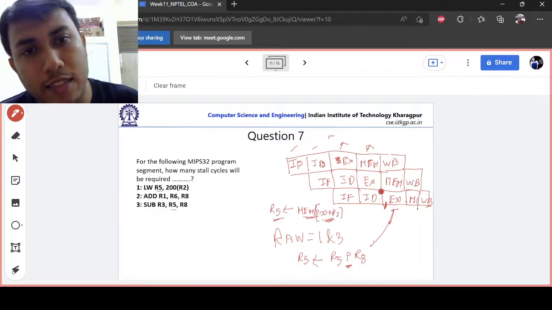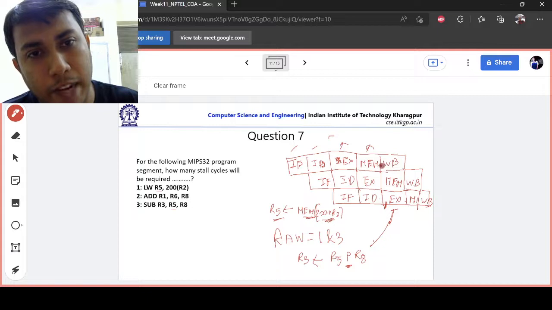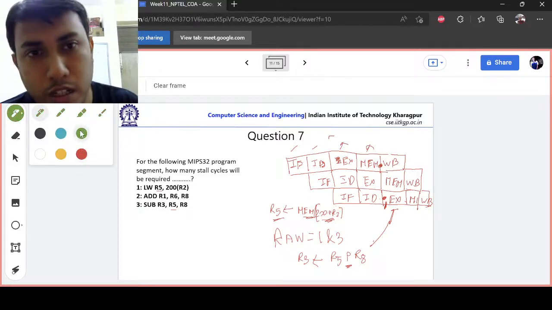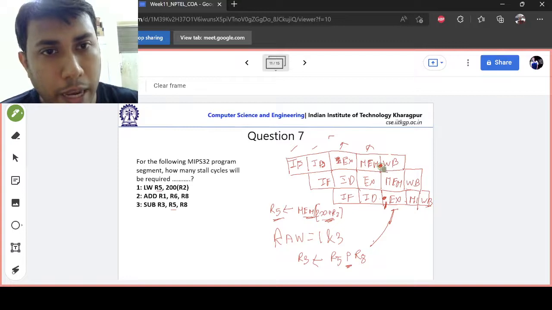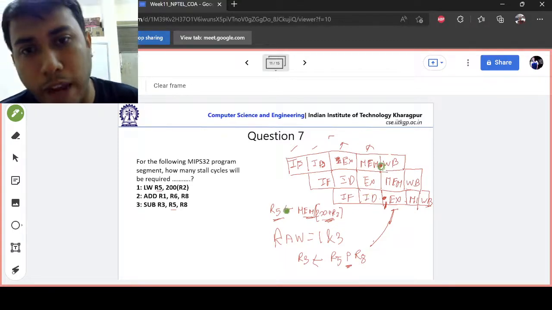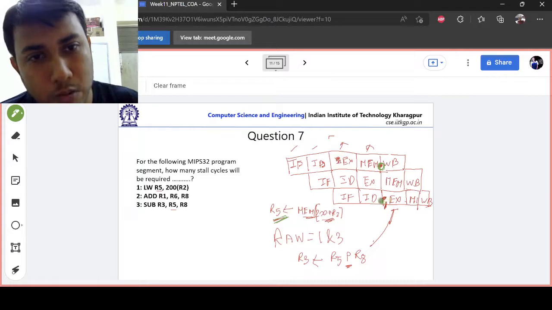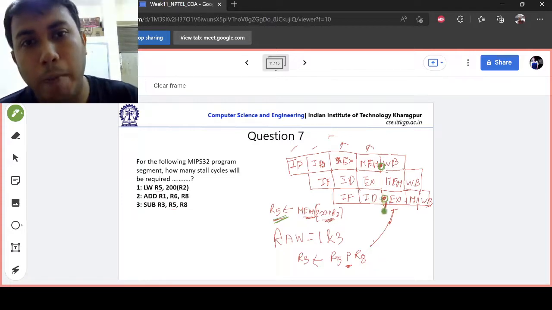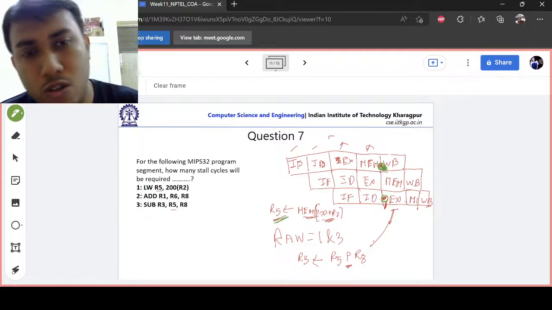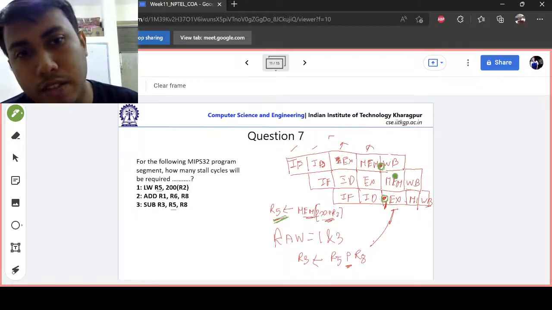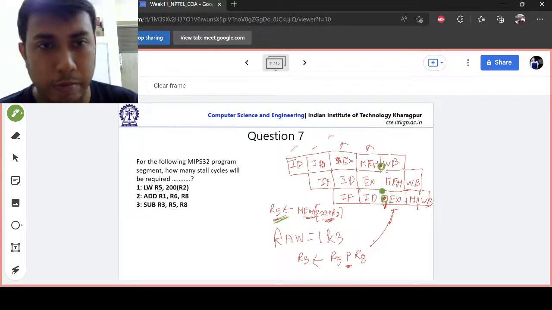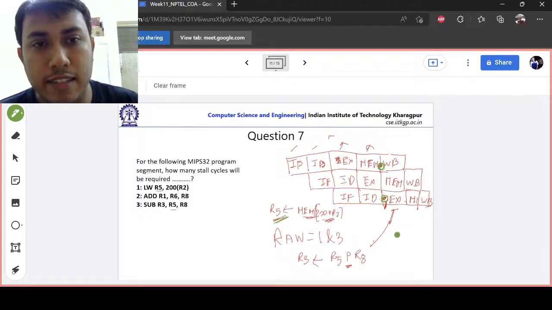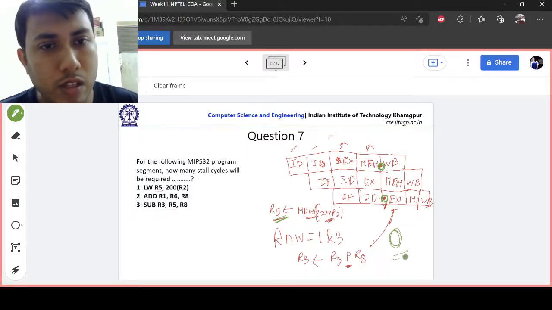So the value of R5 is available at this point, and by this point the value of R5 is needed for instruction 3. So definitely we do not need a stall in this case, because the data is available to the CPU at the correct time. Hence zero stall cycles are required.